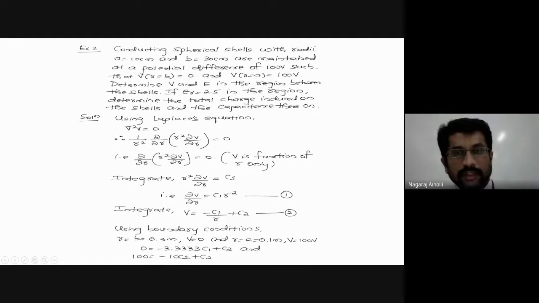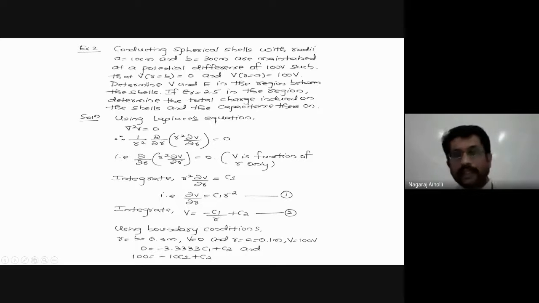Because radius B is more than radius A, the outer one is obviously B equal to 30 centimeter, and the inner one is A equal to 10 centimeter.